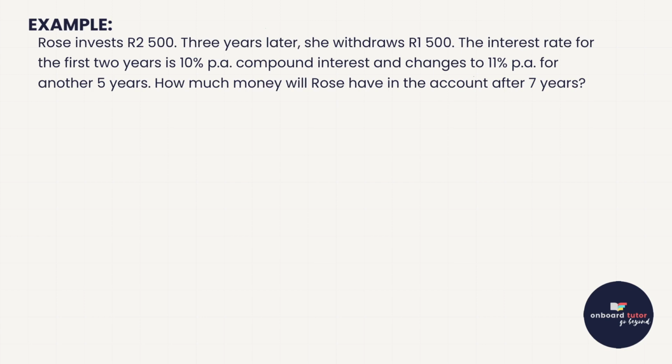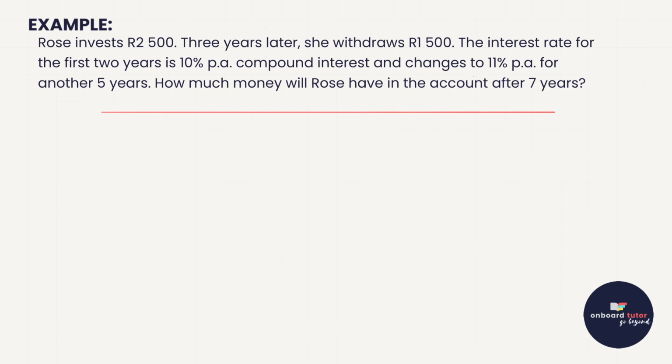So this looks like a whole load of information. And what we need to understand is that this person, Rose, has over time been investing money. So let's draw a timeline just to guide ourselves to understand exactly how this works. I'm just drawing a line there.